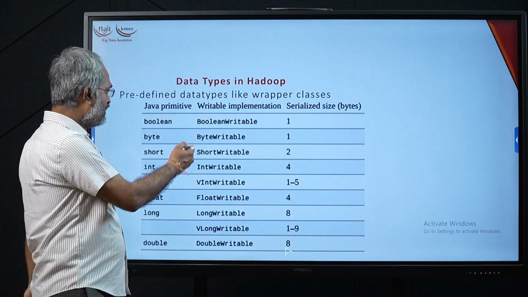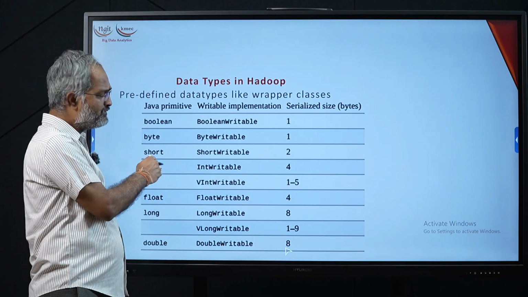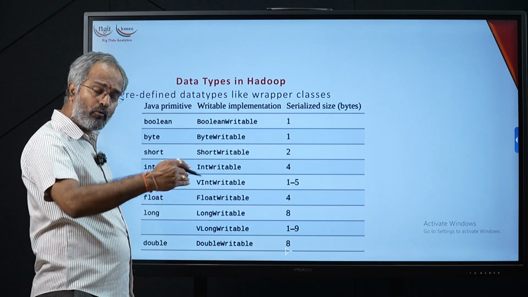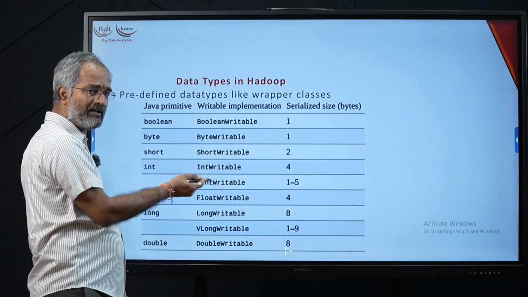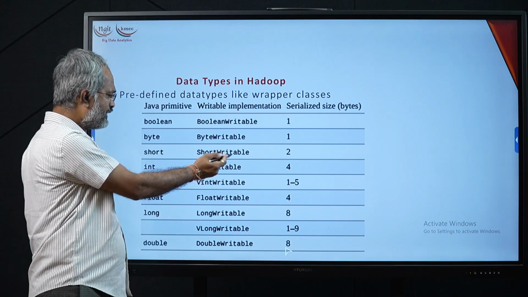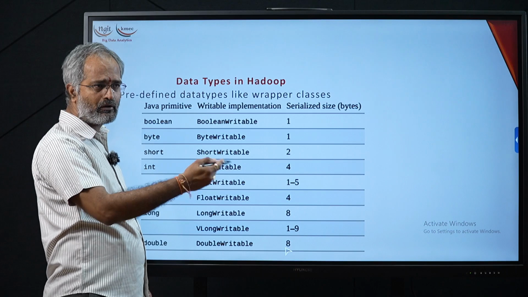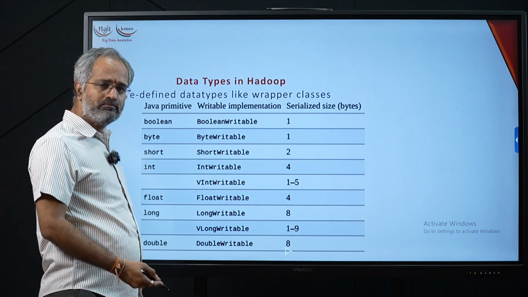So if you want to read an integer item, then you have to use IntWritable. If you want to write an integer value onto HDFS, then you have to give IntWritable. Whatever data type is required, you have to mention it clearly, right?